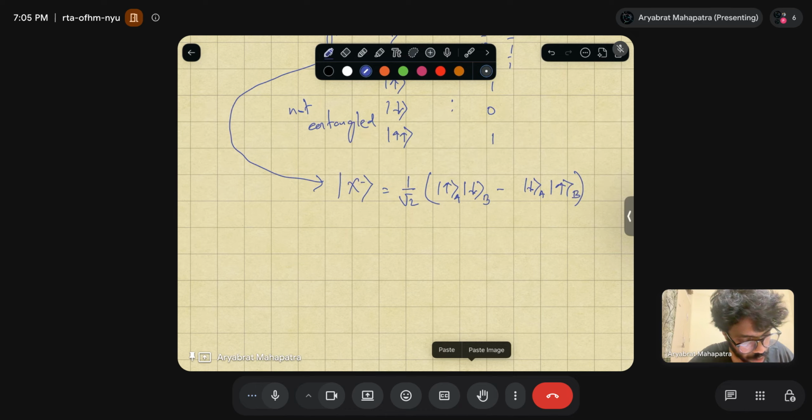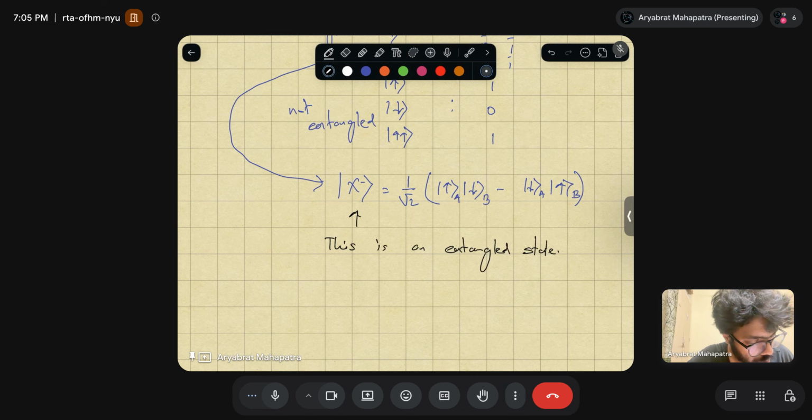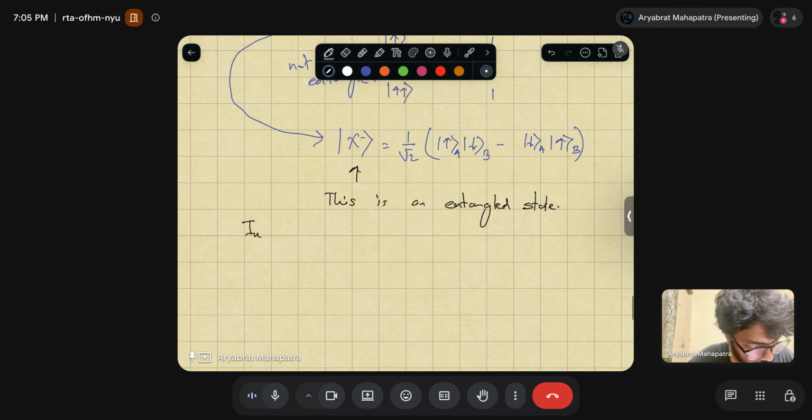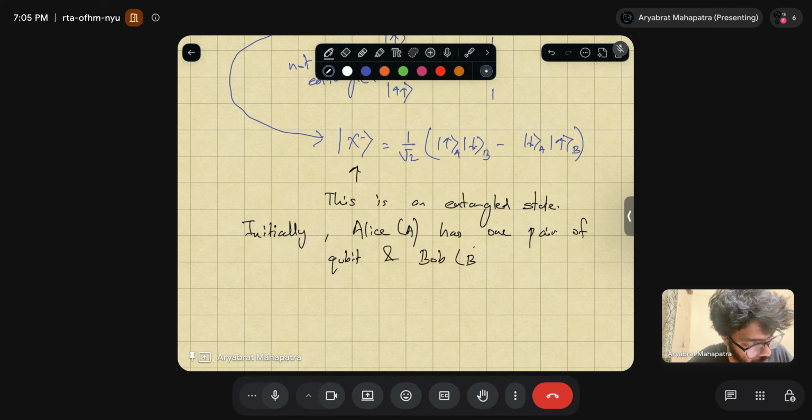Initially, Alice, which we label with A, has one pair of qubit, and Bob has the other pair.